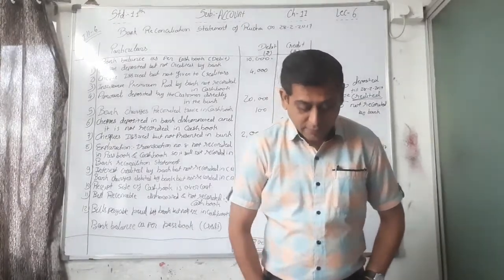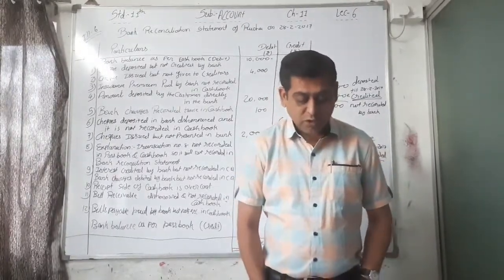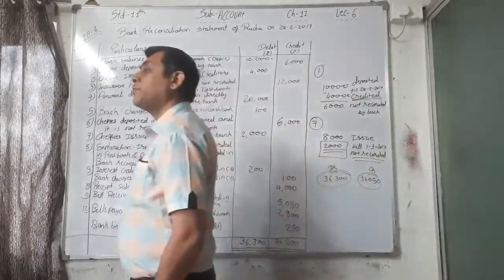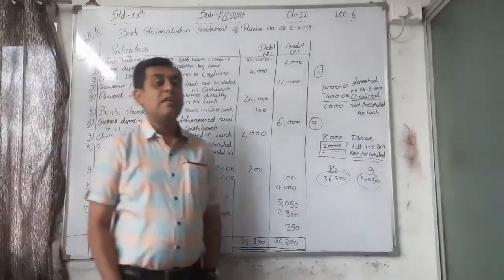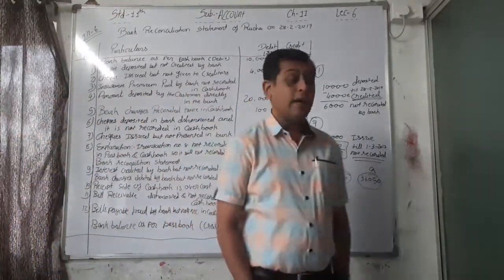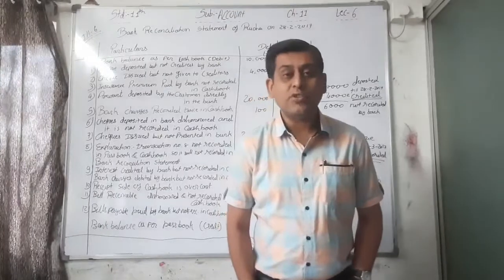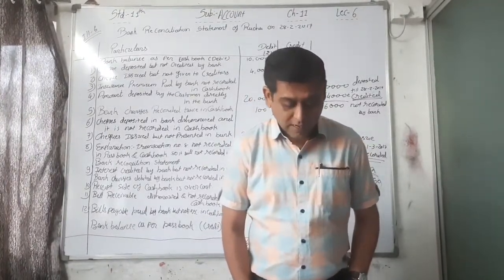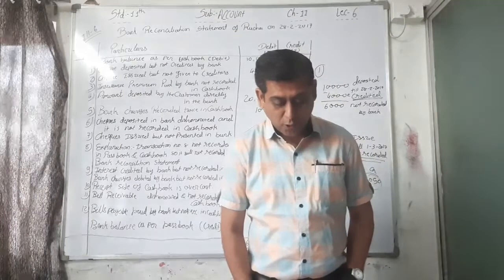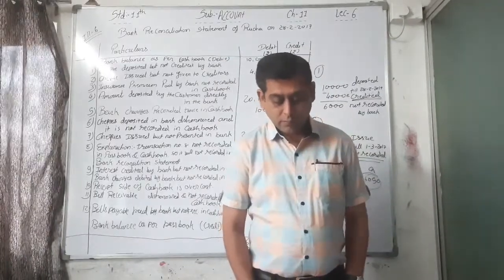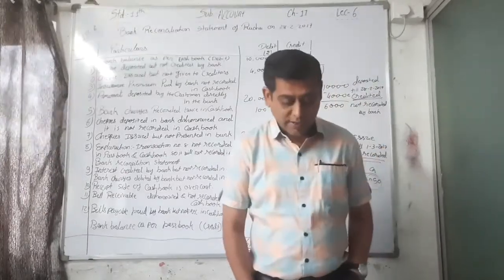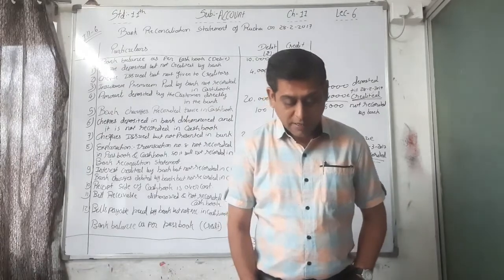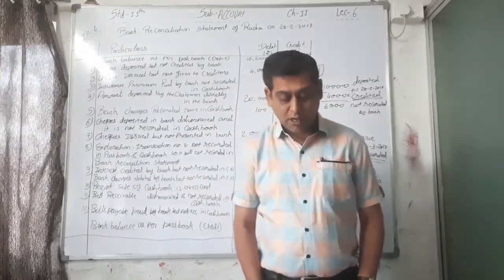Now the fourth point, cheque deposited with the bank but not recorded in the cash book. The DDIC rule is there. So DD, cheque deposited but not recorded in the cash book, debit. Write down DR near the fourth point. Now the fifth, cheque drawn and paid by the bank but not recorded in the cash book, 6,000 rupees.